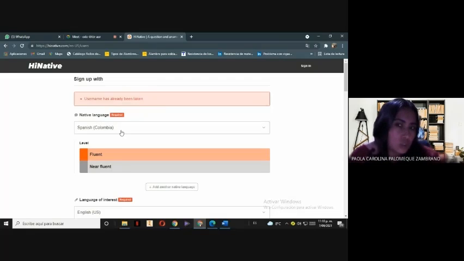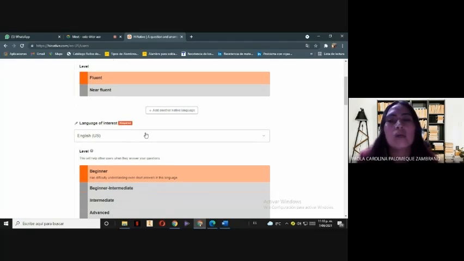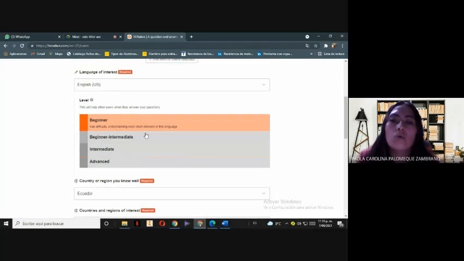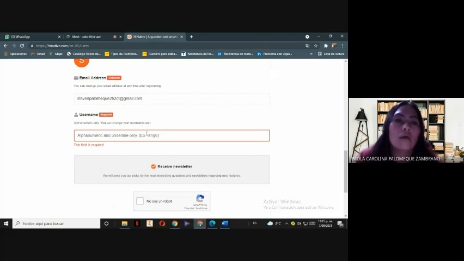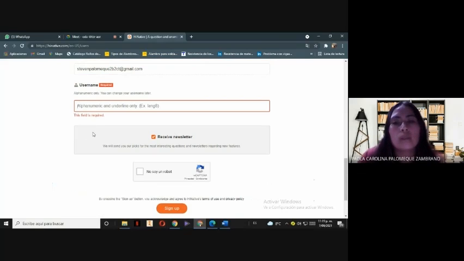Then we will begin to see some features of Hinative, since we will be asked to specify our native language, choose the language of interest and the level of learning that we have at that moment, region and username, and we put next. A window may appear that asks if we want the application to send us a newsletter with all the news related to Hinative.